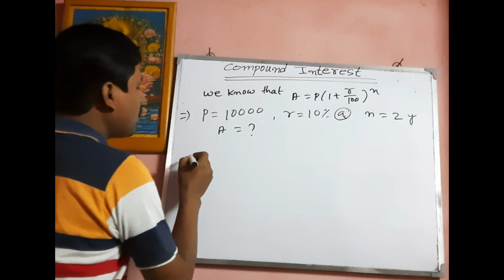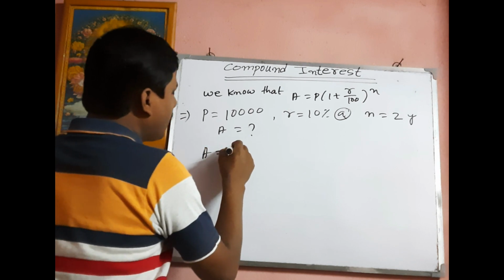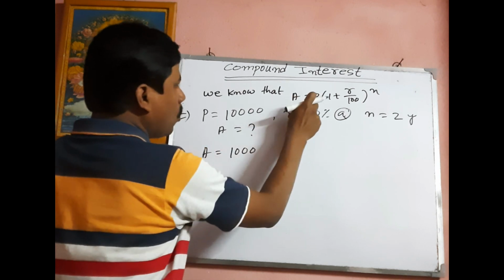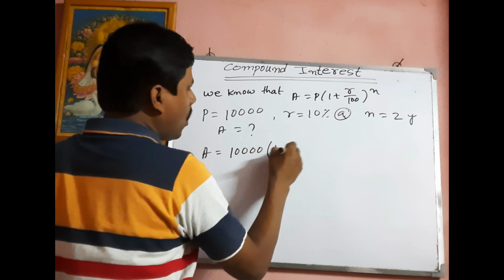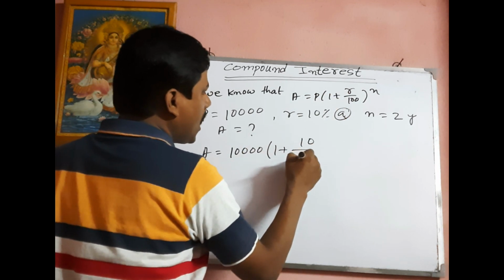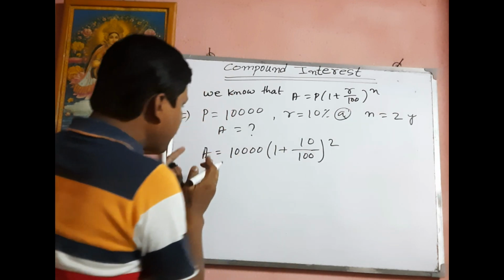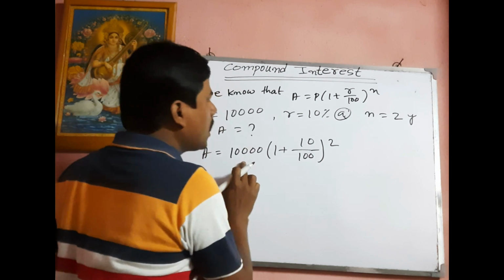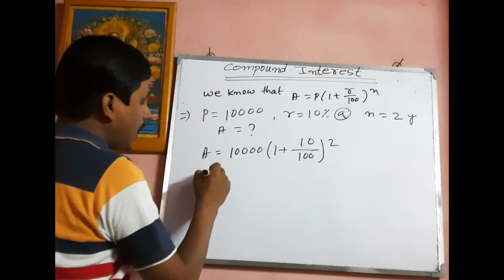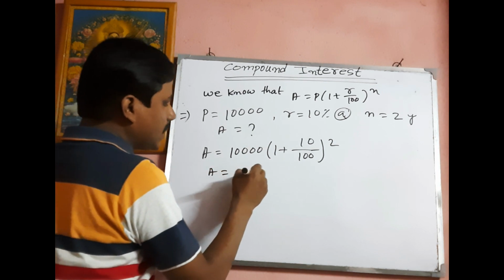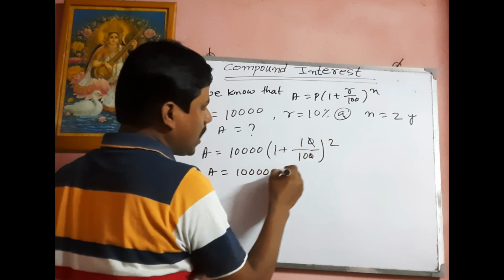So according to the given information, we can say A is equal to this, and we put the value of P, and now R is equal to 10, and this is the 100, and this is the 2. So after putting the value of P, the value of R, the value of n, we get this. Now calculating, the zeros vanish.